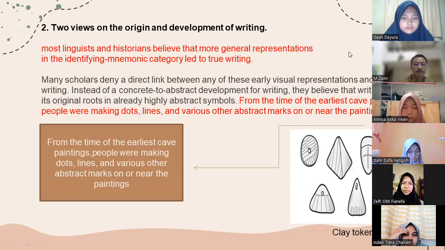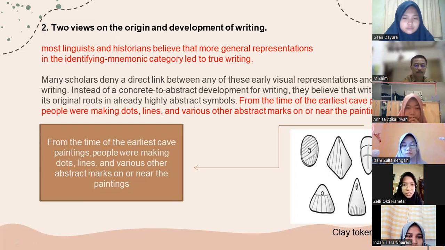Number 2 is two views on the origin and development of writing. Most linguists and historians believe that more general representations in the identifying mnemonic category led to writing. Many scholars deny a direct link between any of these early visual representations and writing.